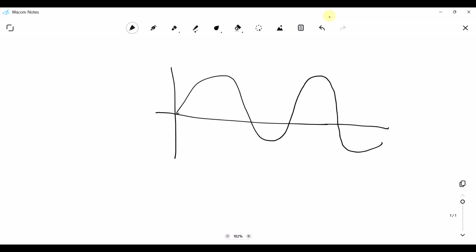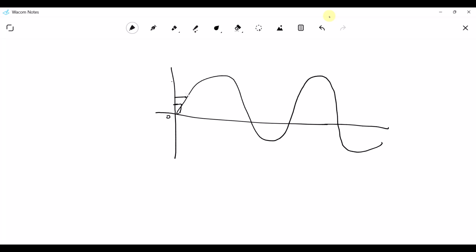Back to our original analog signal. To measure amplitude, we are saying that the amplitude is the distance from the center to the vertical. So this is the amplitude of this signal at this point.